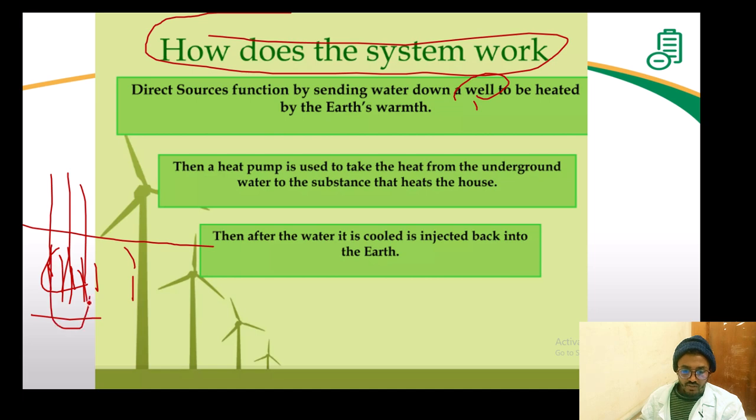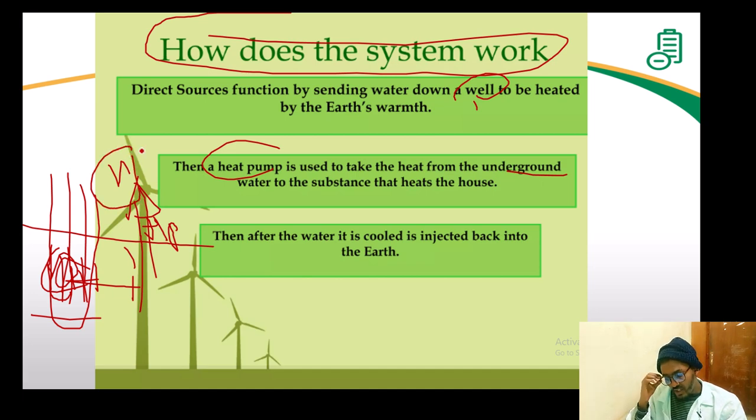After it becomes hot, we use a heat pump to take the heat from the underground, to transfer the heat to the substance that heats the house. It could be a house or any kind of purpose.